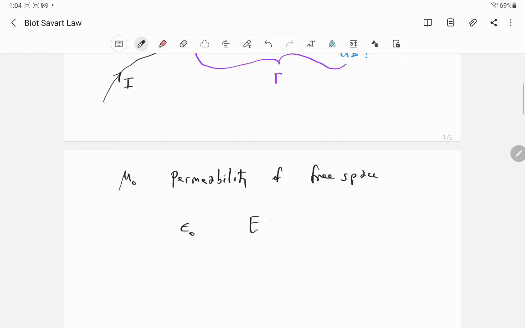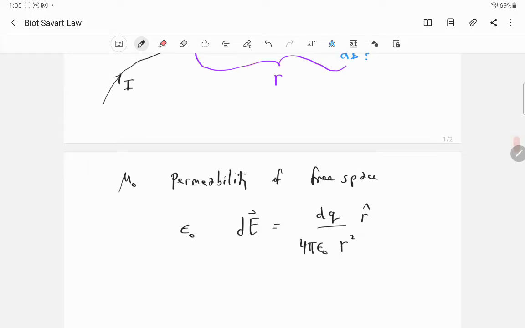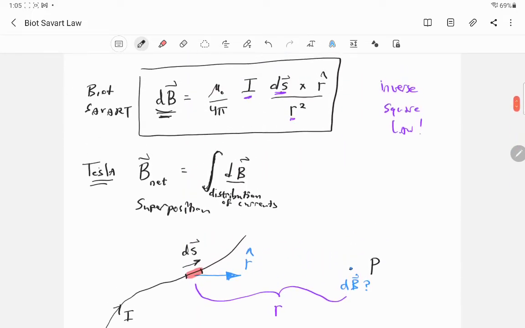When we had electric field and we were calculating it, we understood small amounts of electric field because of a small amount of charge, and then there is this 4 pi epsilon 0, and then r squared and r hat. Really similar looking kind of expression, right?